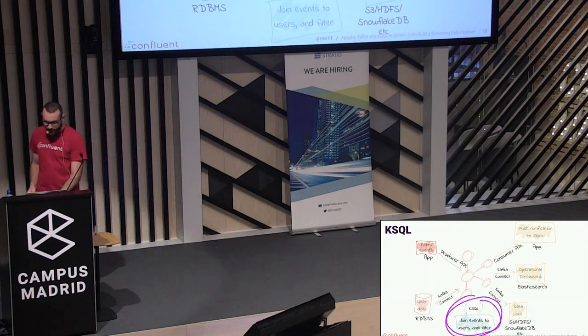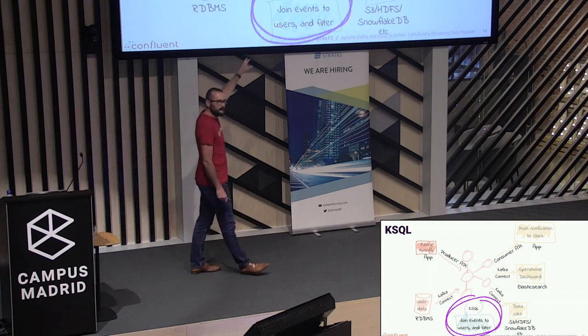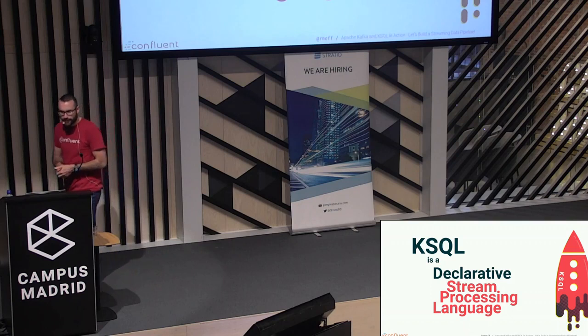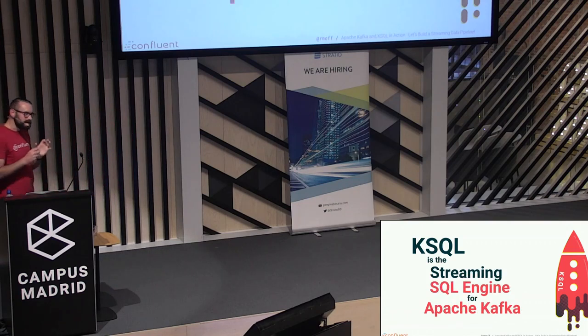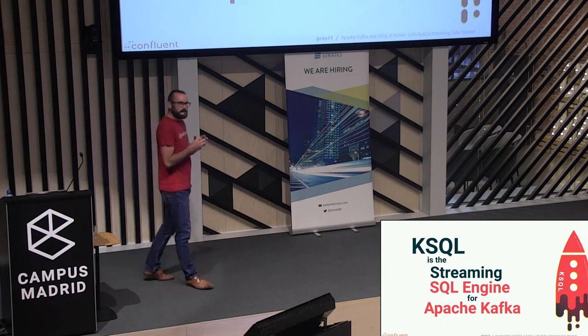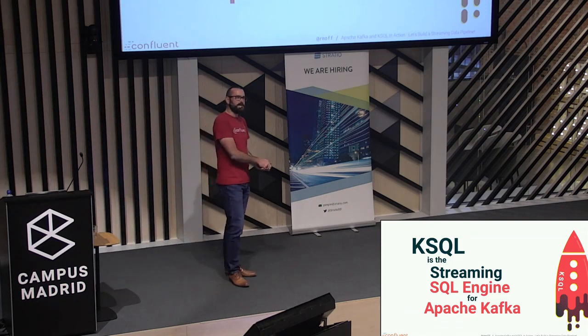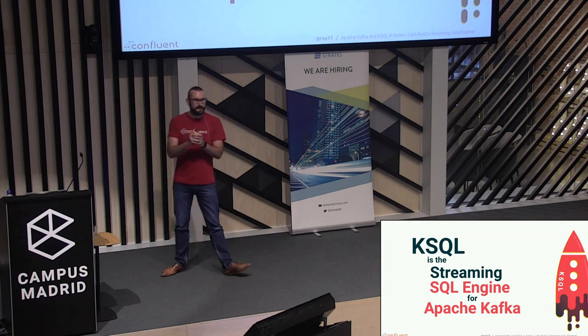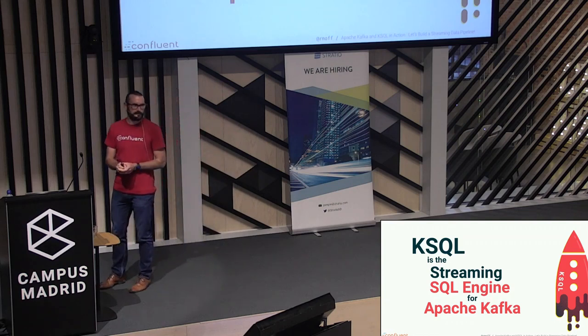So, let's do some joins. We're going to do this with KSQL. So KSQL, it's a declarative stream processing language, and it's the streaming SQL engine for Apache Kafka. So it lets you use SQL statements to define stream processing applications.